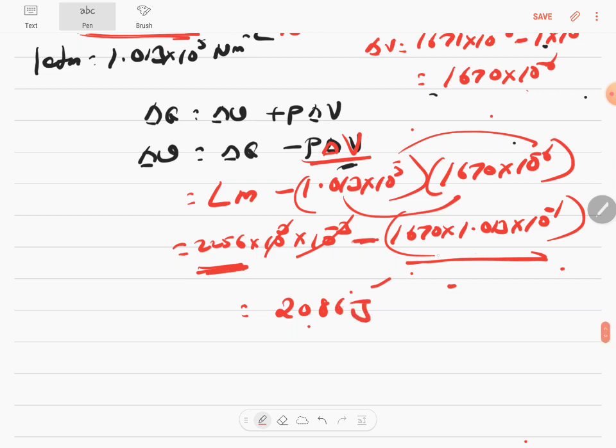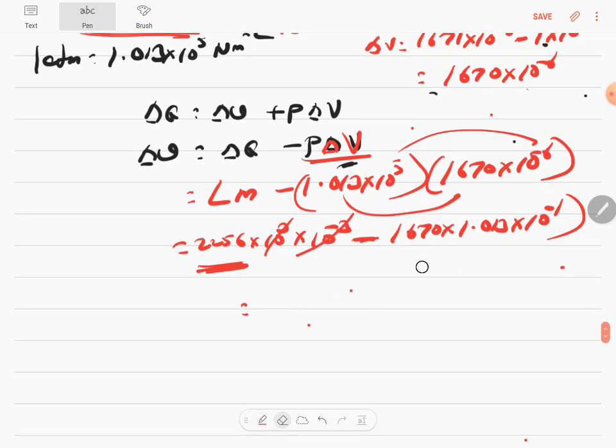We can approximate this too. Let's keep this as 2256. You just have to calculate this and multiply, and then it is actually 2256 minus 167, because 10 to the power minus 1 is there, into 1, if I'm going to ignore that 1.013.